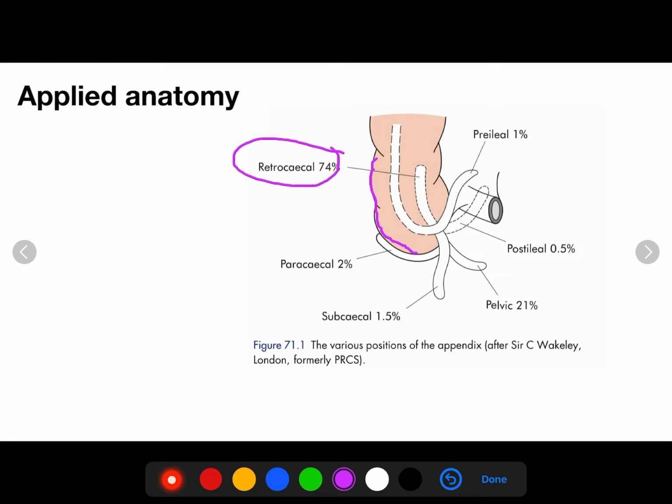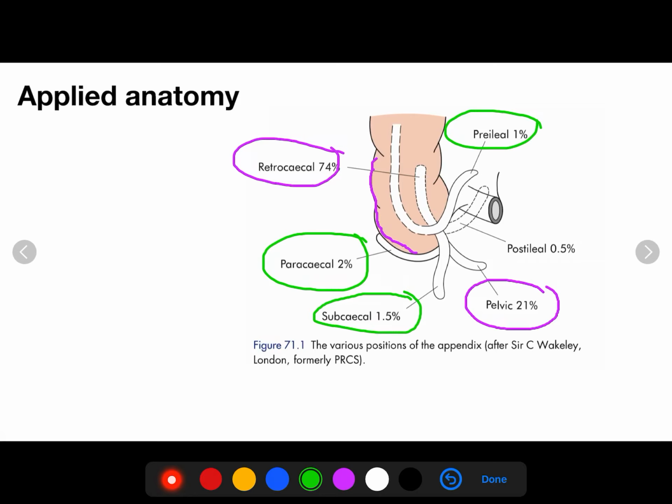And the second most common is the pelvic type، يكون نازل يروح للبلفس، 21%. والothers اللي هي paracecal والsubcecal. اكو pre-ilial يصير فوق الإليم واكو post-ilial يصير خلف الإليم. These are the most common sites or positions of the appendix. هاي ليش نتعلمها؟ لأن مرات البوزيشنز مال الابندكس يغير بالبرزنتيشنز مال acute appendicitis.